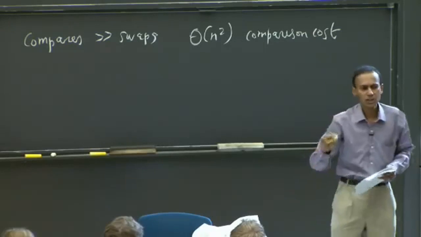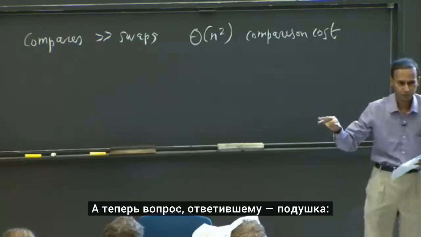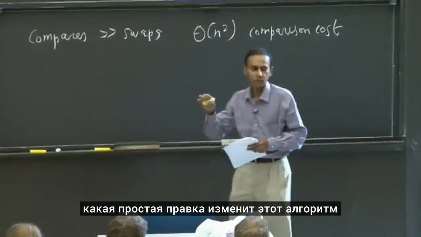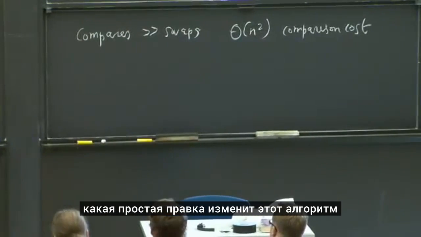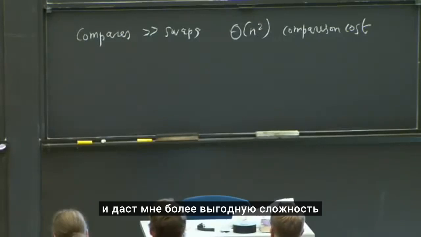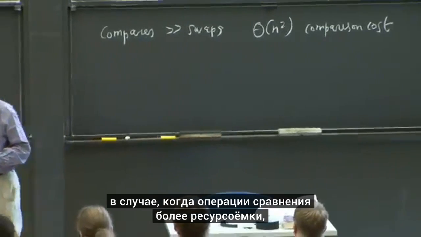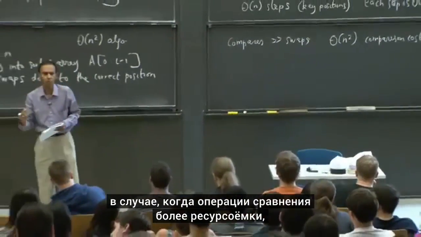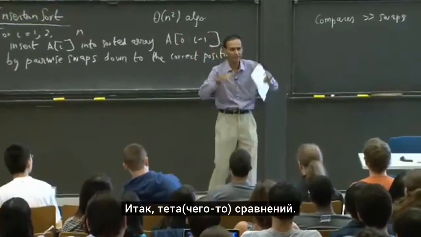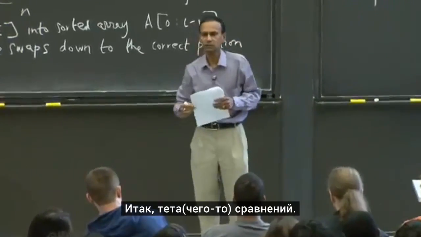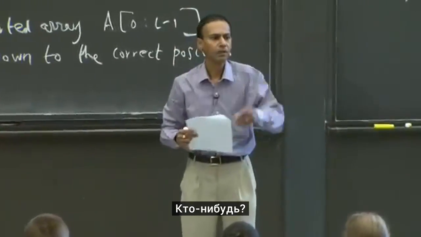All right? This is a cushion question. What's a simple fix, a change to this algorithm, that would give me a better complexity in the case where compares are more expensive, or I'm only looking at the complexity of compares? Anyone? Yeah, back there.